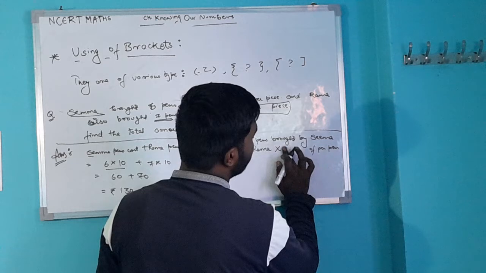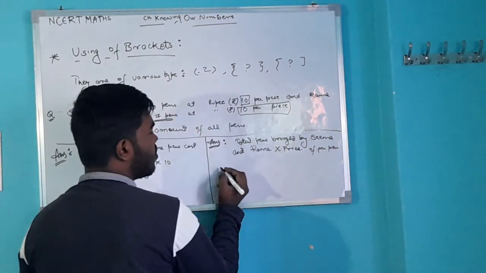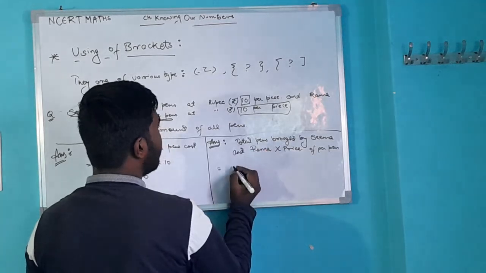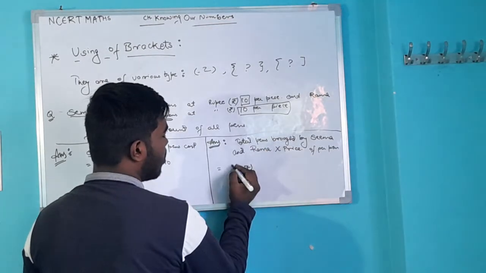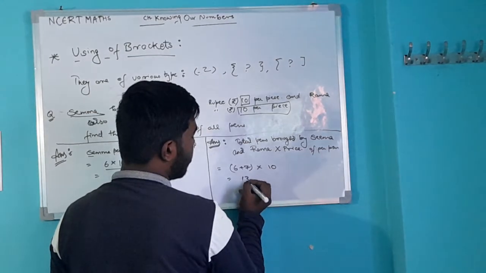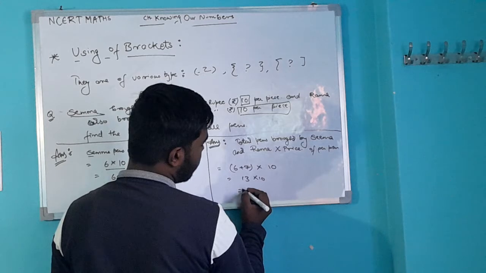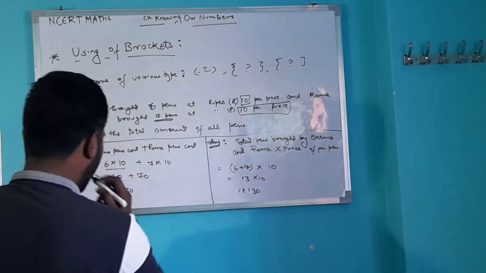Here we write the price of. In this question, total pens are 6 plus 7, into rupees 10. That is 13 into 10, and again we get 130 rupees. These are the two methods.